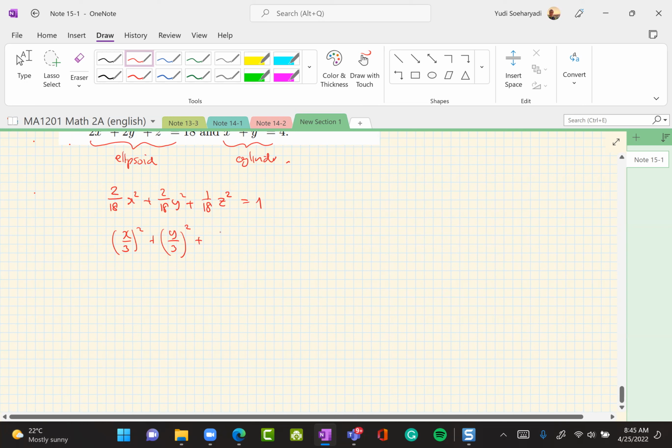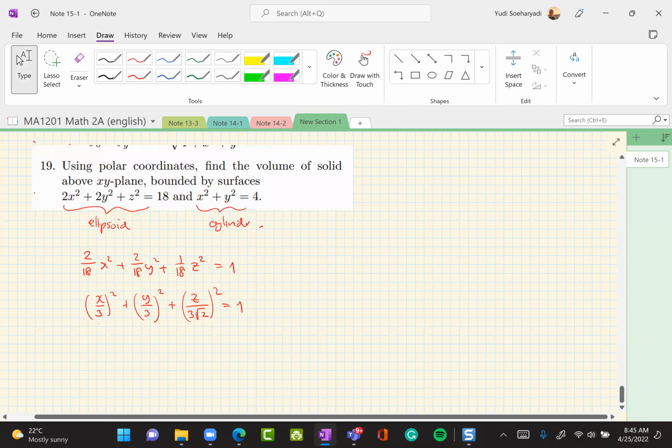Plus 9. I would say this one, square root of that, square root of 2. So this gives you the x radius, y radius, and the z radius.